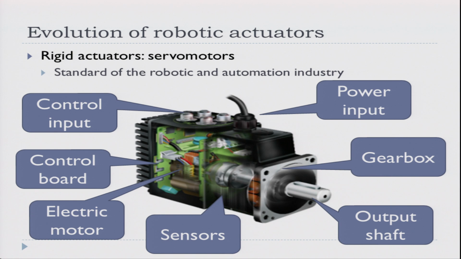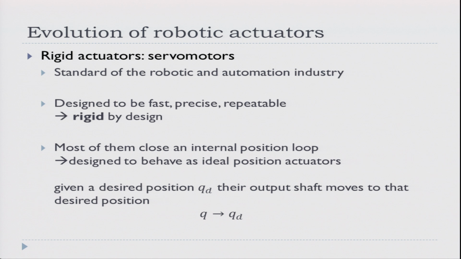So you talk with this device with a digital protocol, and the device implements what you ask of it. This kind of device, as you probably know, is designed to be fast, precise, and very repeatable, and so they are rigid by design. The more rigid, the better the device.